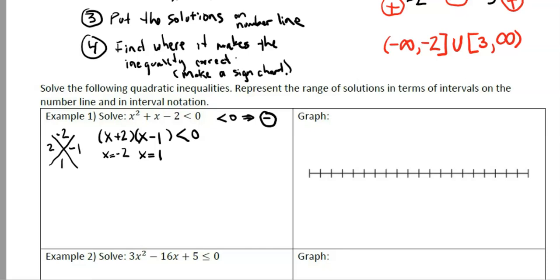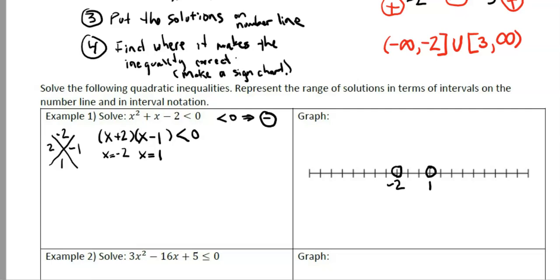So here's -2. The other thing that's noteworthy here is that because it's strictly less than 0, it's not less than or equal to. This time we're going to use an open circle. So we go over here, and here's 0, and here's 1. And again, we use the open circle there.